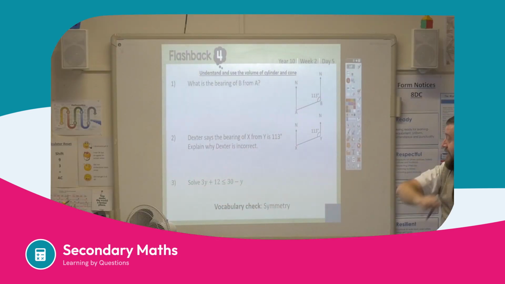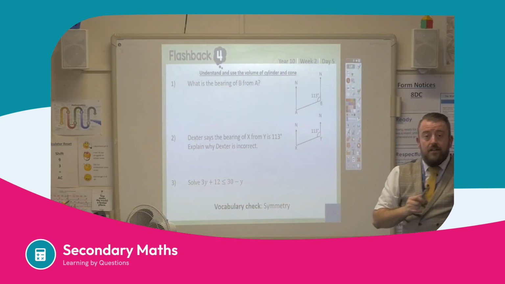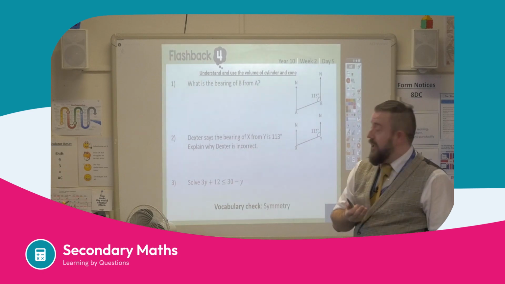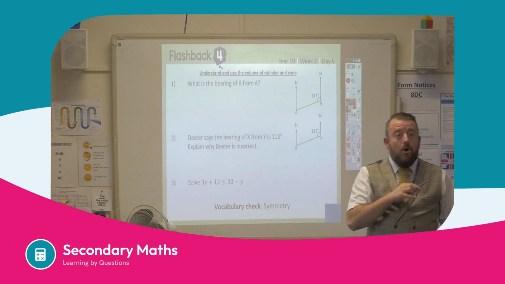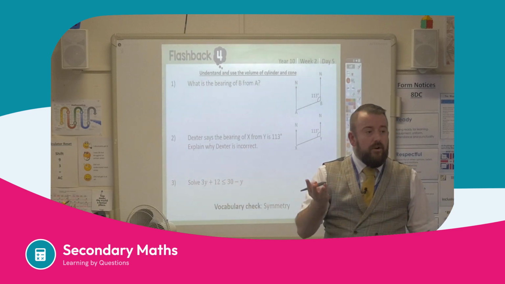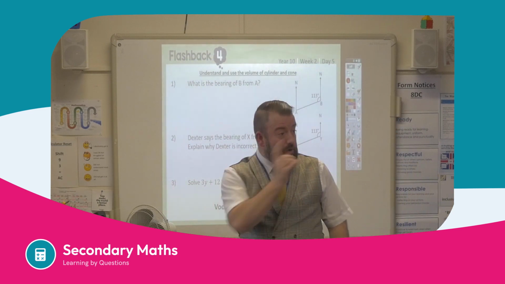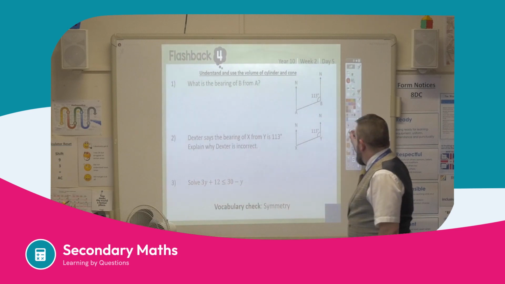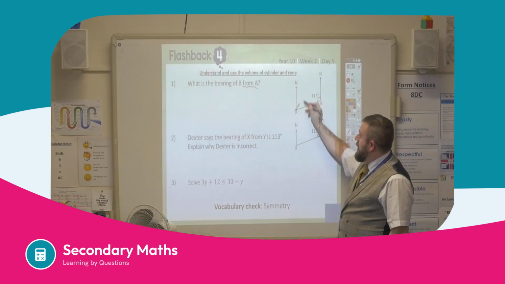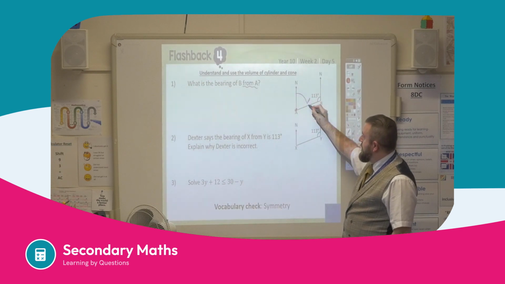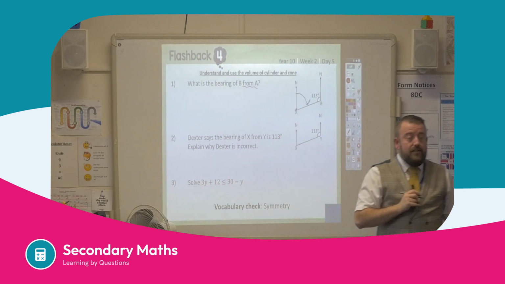Well done, ladies. Brilliant. So when we're looking at bearings, we need to check from our north and what rotation do we go in? What direction? Clockwise. Well done. So it wants it from A. So here's our A, our north, going clockwise. We want this.